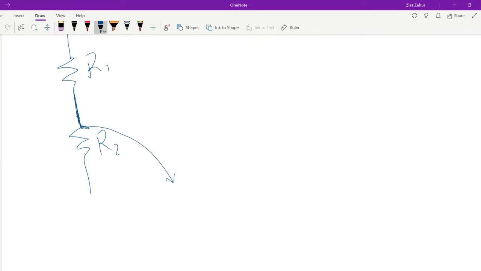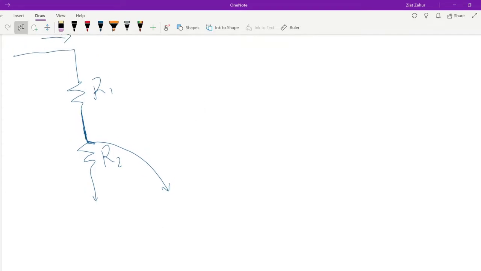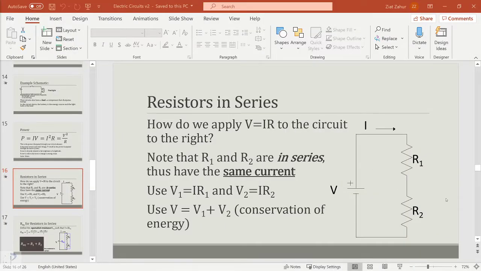If there's a different route that you can take, then they are no longer in series. So this fork in the road makes all the difference. If the same current goes through them, then they are in series.